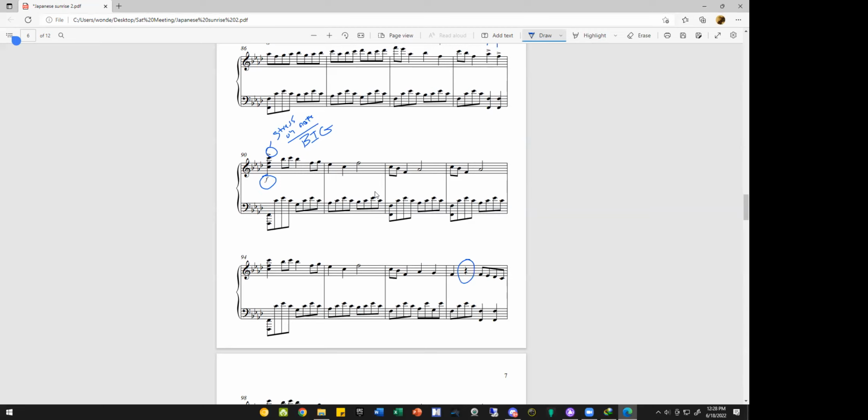Oh, okay. Martin has just circled a rest. My question is, how long is this rest? What's the value of this rest? Anyone? One. It's just one.